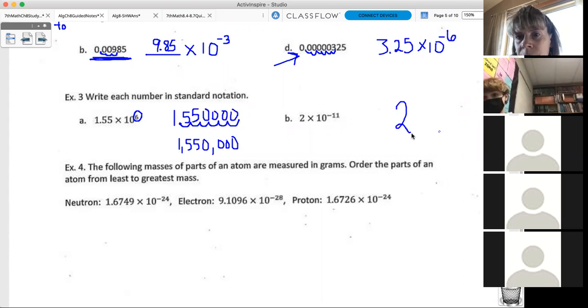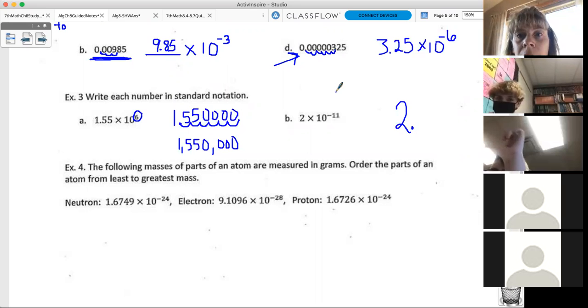Right, after the 2. Okay, so Kai, you tell me, which way am I going to move my decimal? To the left. To the left.